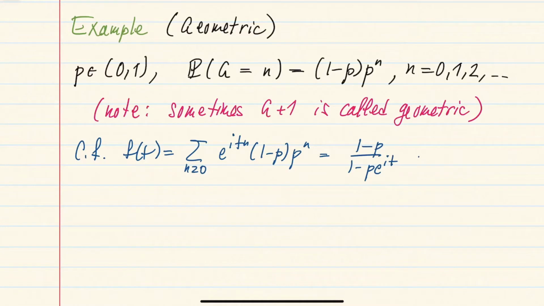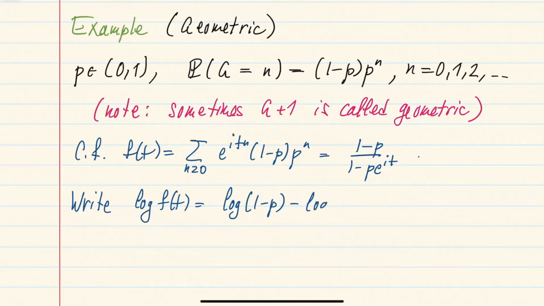Now we want to write this as an exponential of its logarithm, so let's take a look at the logarithm of this function, which of course will be log of 1 minus p minus log of 1 minus p e to the it.